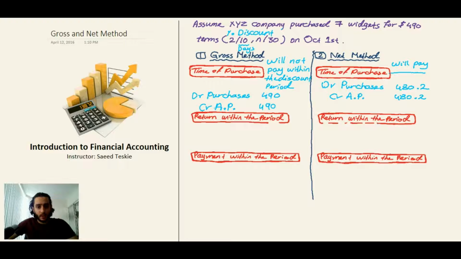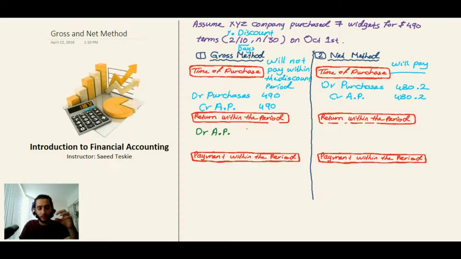Okay, let's say we need to return some of the widgets within the discount period. Let's pick up another color here and see. If we need to return within the discount period, what we'll do is that we will debit accounts payable.